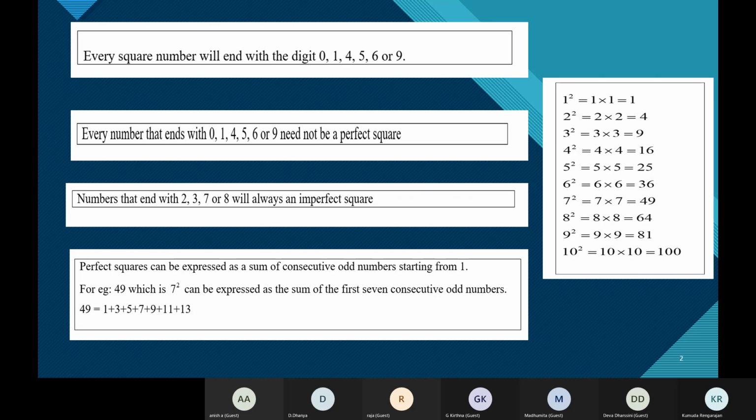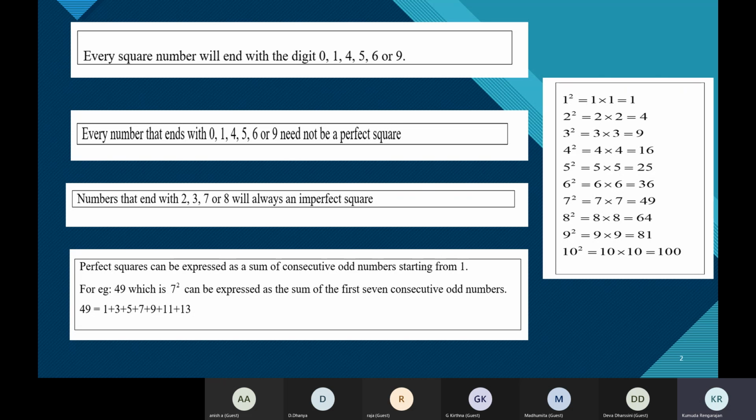Which means, if the given number is a perfect square, then it will have 0, 1, 4, 5, 6 or 9 in the ones place. But that doesn't mean that every number that ends with 0, 1, 4, 5, 6 or 9 will definitely be a perfect square. It's just that every square number will have only one of these 6 digits in the ones place.